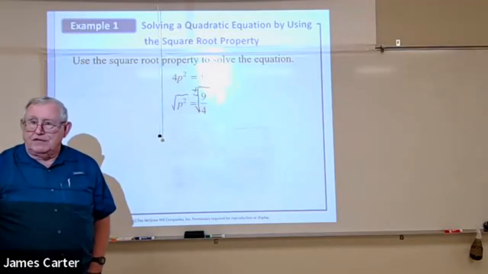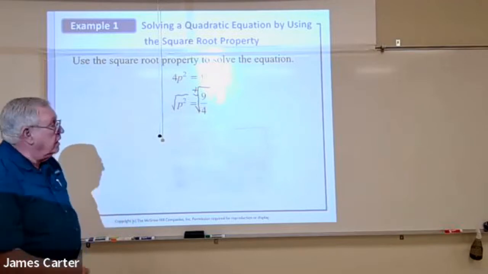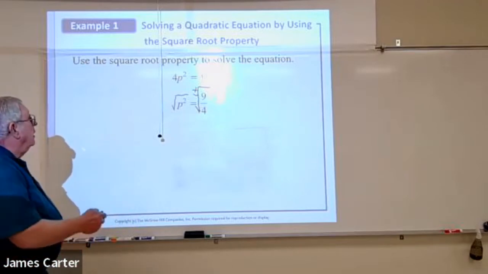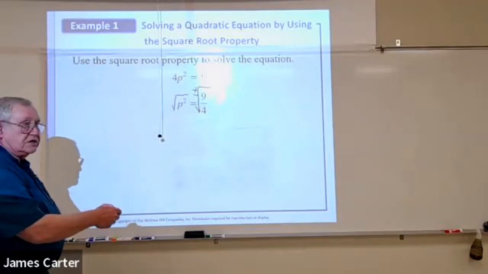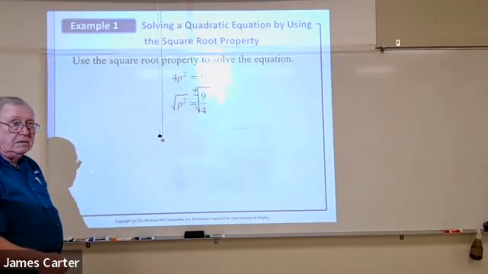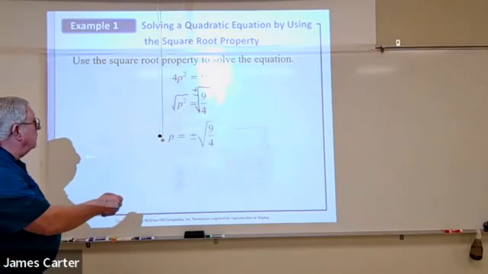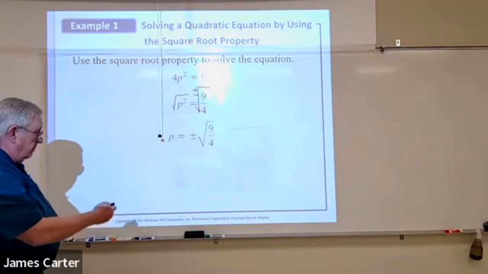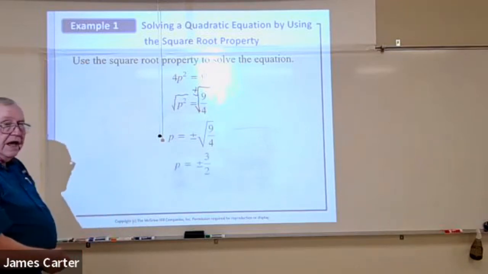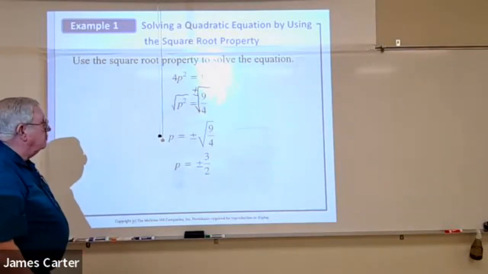Take the square root of it, and you end up with whatever is in it. Now, in this case, we know that that's going to be 3, and that's going to be 2, right? So the answer, the square root of p squared is just p, is either positive 3/2, or the answer is negative 3/2.